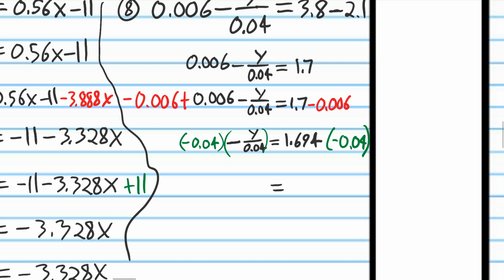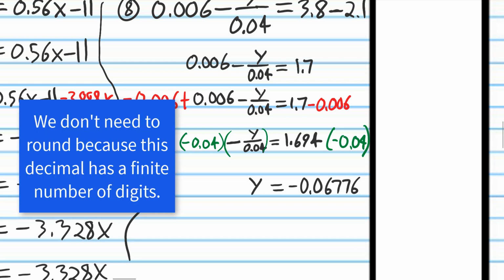So both the 0.04 over here and the negative cancel out. So you're left with y is equal to, and we definitely need the calculator for this calculation, 1.694 times 0.04 is equal to, and it's going to be negative 0.06776.